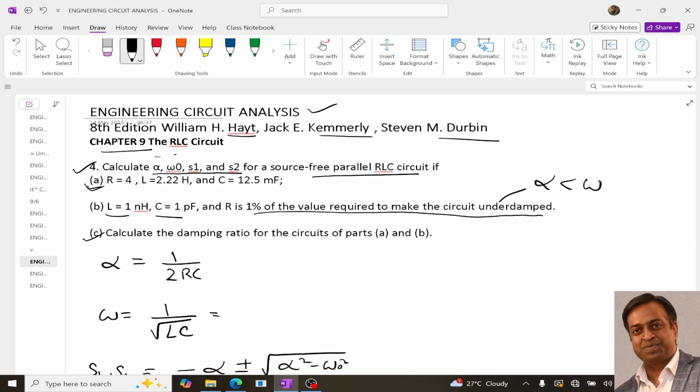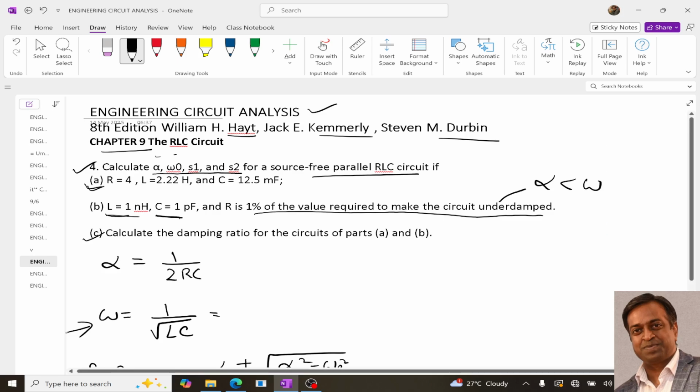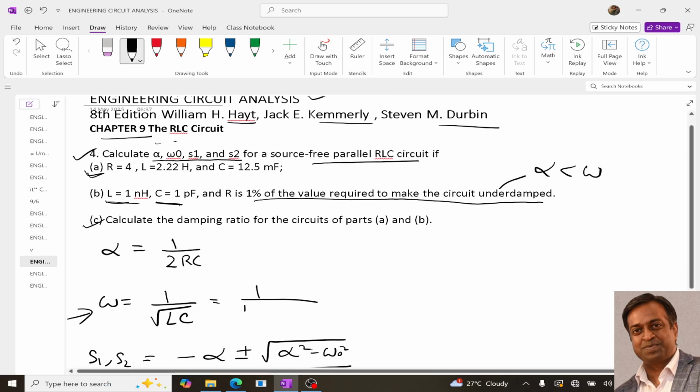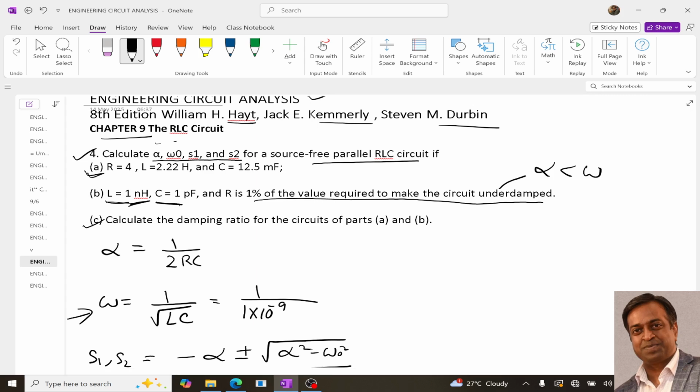So over here, L and C are given, so substituting the values of L and C in this formula of omega naught, we will get L is 1 into 10 power minus 9 because it is nano, right?